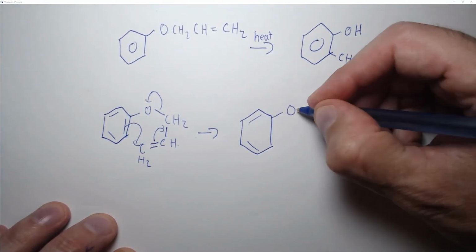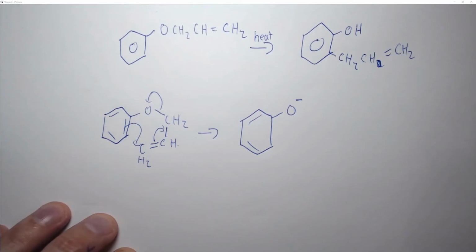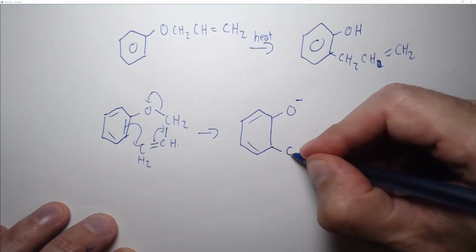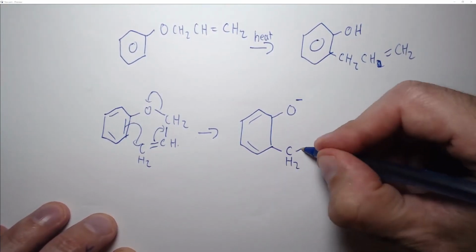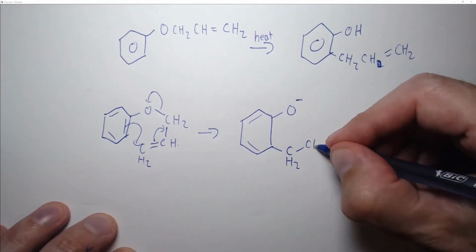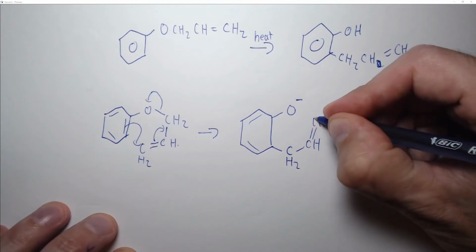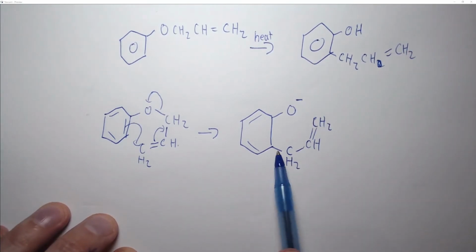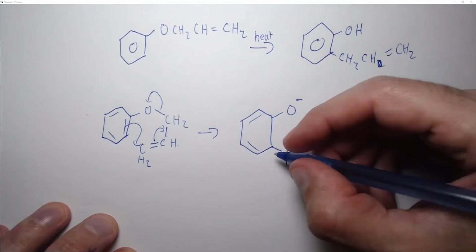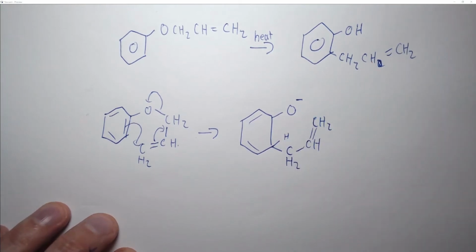This oxygen now has an extra lone pair and a minus charge. We now have this carbon bonded to a CH2. This is now a CH, and this is double bonded to a CH2, like so. All right, so this is basically how this happens. We have an H here.